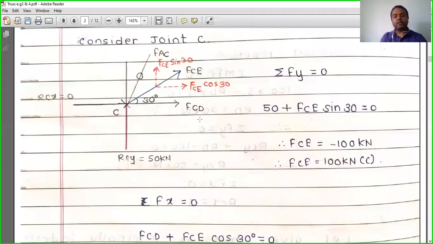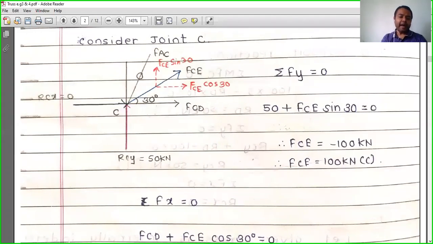Okay. For every problem, we are going to assume that the unknown forces are tensile. So here the unknown forces are the force in member CE and the force in member CD. Both I'm going to assume as tensile.